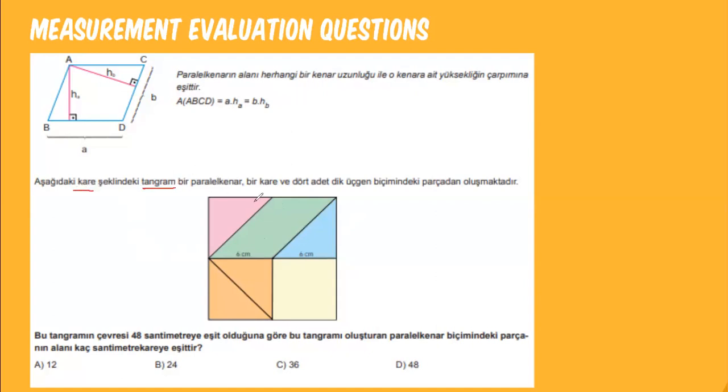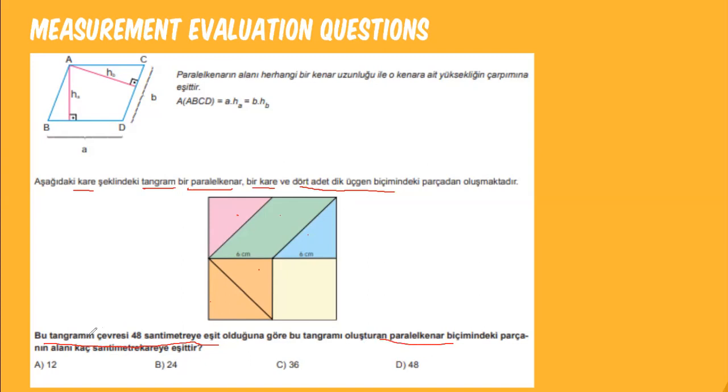And it includes one square, this, two right angle triangles, this, this, and one parallelogram. Can you see? Yes. And the perimeter of tangram is equal to 48 centimeter. So, what is the area of the parallelogram?